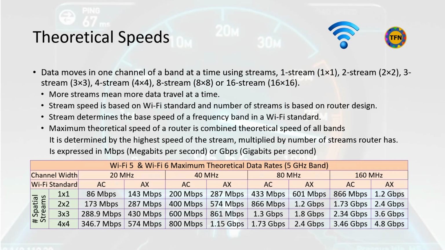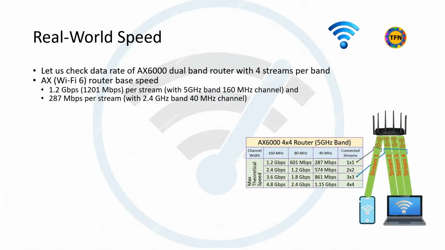This table shows maximum theoretical speed of Wi-Fi 5 and Wi-Fi 6 on 5 GHz band for different channel width. Let us check data rate of an AX6000 router with 6000 megabits per second speed. It is a 4-stream Wi-Fi 6 router whose base speed is 1201 megabits per second per stream with 5 GHz band 160 MHz channel and 287 megabits per second per stream with 2.4 GHz band 40 MHz channel.